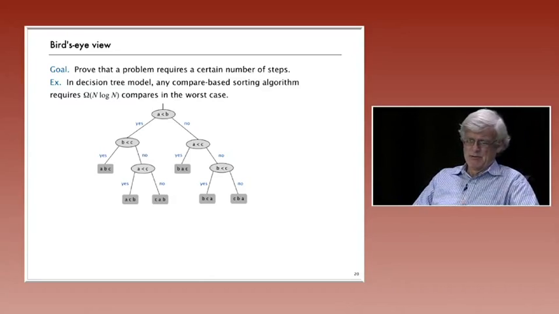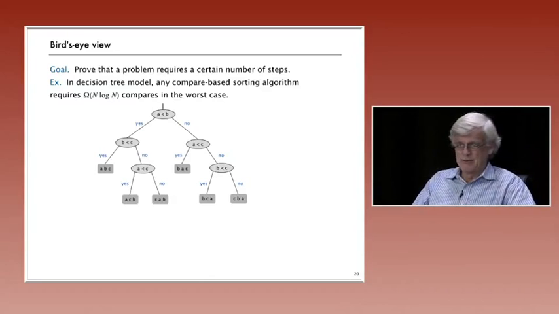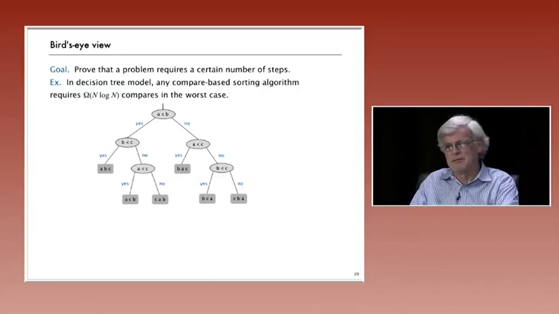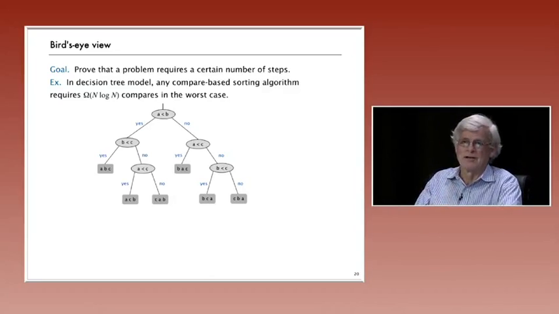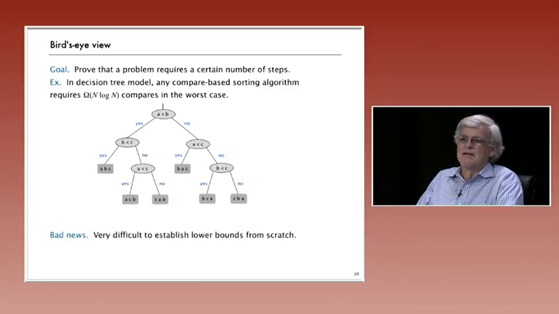We showed that by showing that no matter what the algorithm is, it has to distinguish between all the possible cases of sorting, and that led us to a tree that has n factorial leaves on the bottom, and the height of the tree has got to be at least log of that, which is n log n. You can go back to the sorting lecture and look at that.